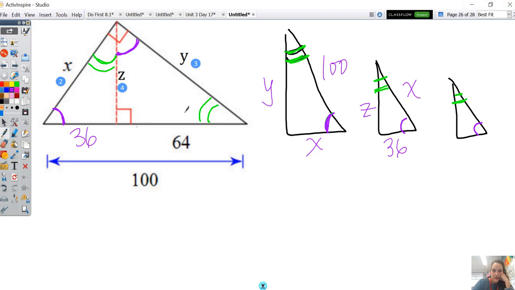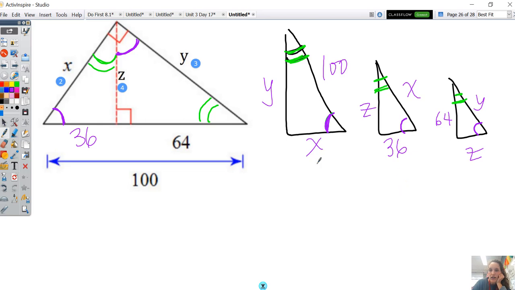And then on this triangle, across from the purple angle is 64. Across from the green angle is Z. And then the hypotenuse, across from the 90, is Y. So in this situation, I would go check and see if you can match up any numbers.